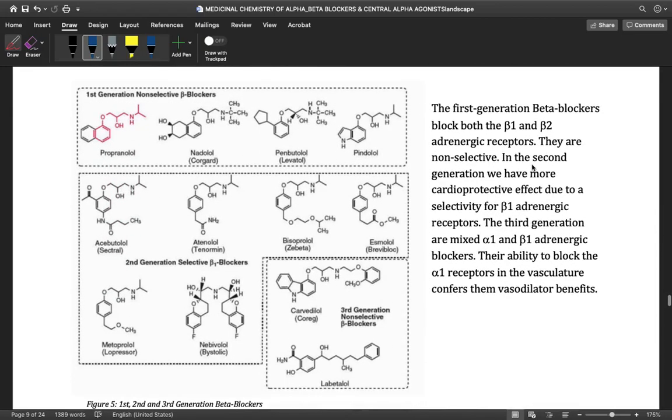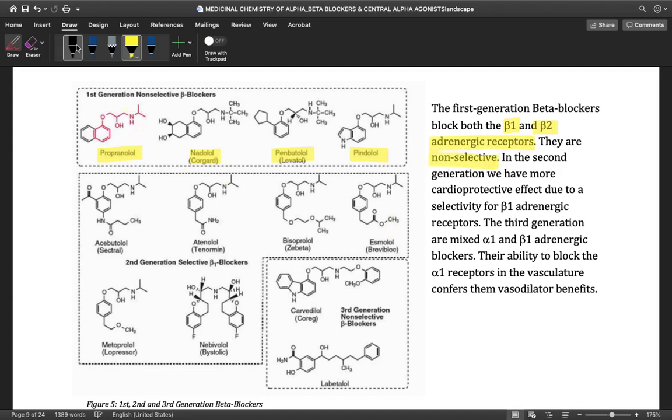Now, beginning with the first generation, propranolol, nadolol, bucindolol, and pindolol, those first generation drugs bind both to beta 1 and beta 2 adrenergic receptors. They are non-selective.